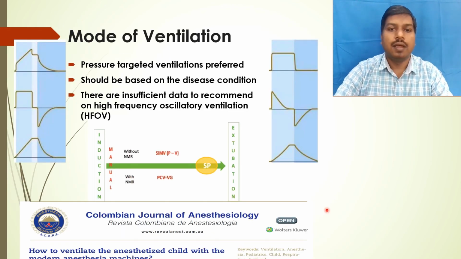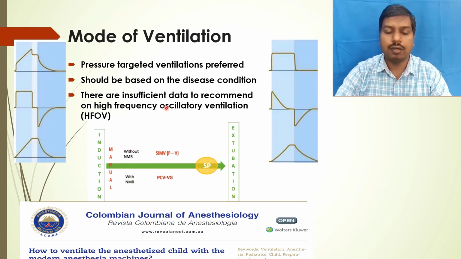Regarding the mode of ventilation, in the pediatric age group, pressure targeted ventilation is usually preferred over volume targeted ventilation, but it should be based on the disease condition of the patient also. And there are insufficient data to recommend the use of high frequency oscillatory ventilation in pediatrics, except for severe cases of ARDS before going into ECMO.